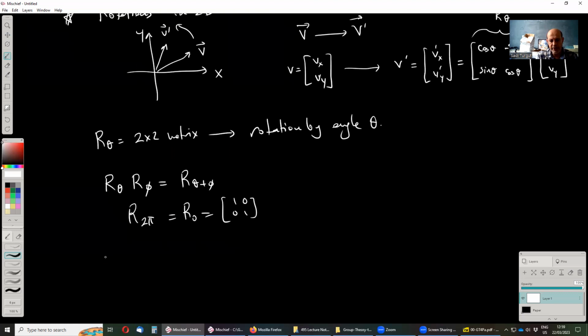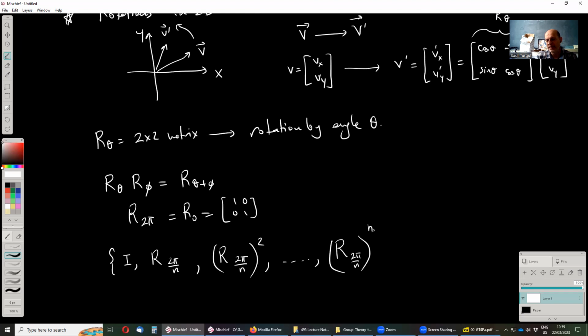What I'm going to argue in here is that there is a set of rotations. The first one is the identity. The second one is a rotation by 2 pi over n. The next one is a rotation by twice 2 pi over n, but I'm going to show it with the square of that, and so on. In general, it's rotations by 2 pi over n repeated k times.